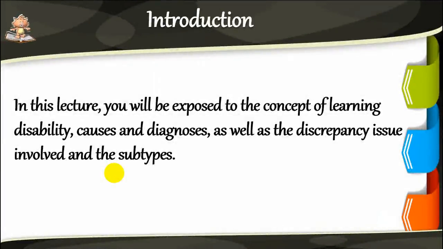It may show up as a problem in listening, thinking, speaking, reading, writing, or spelling, or in a person's ability to do maths, despite at least average intelligence. The term does not include children who have learning problems which are primarily the result of visual, hearing, or physical handicaps, or mental retardation, or emotional disturbance, or of environmental, cultural, or economic disadvantage.